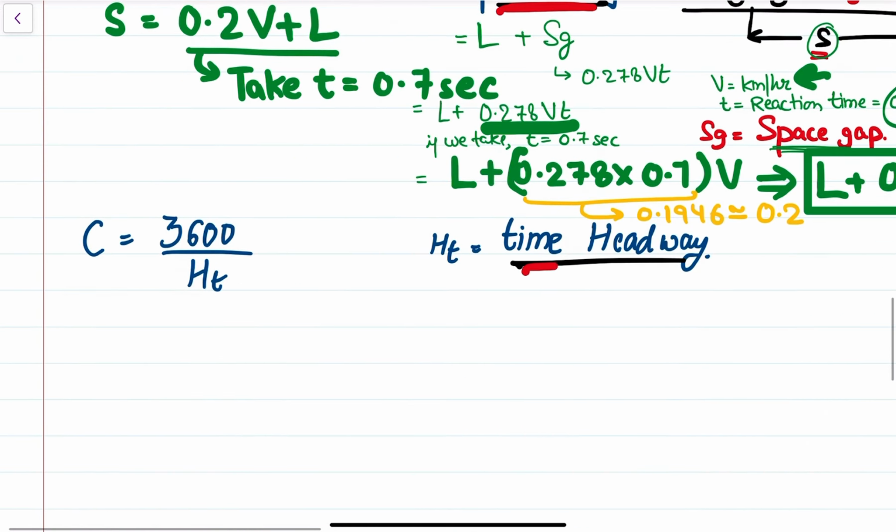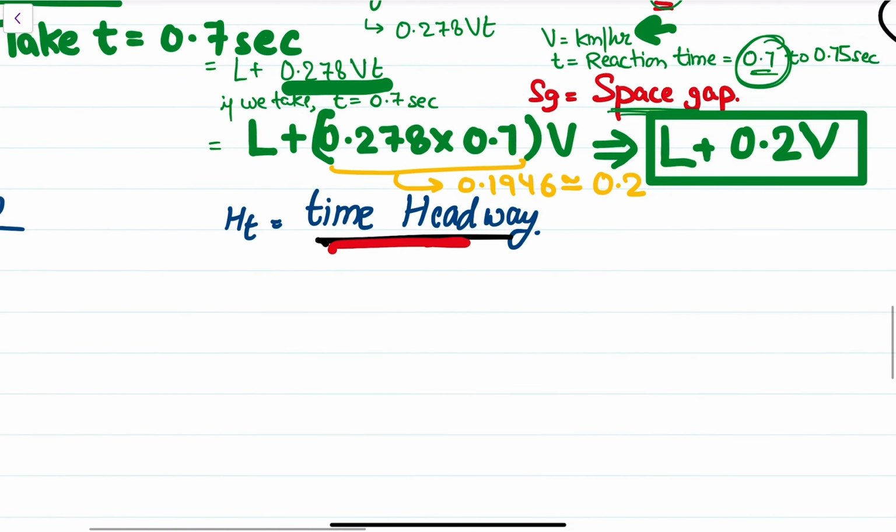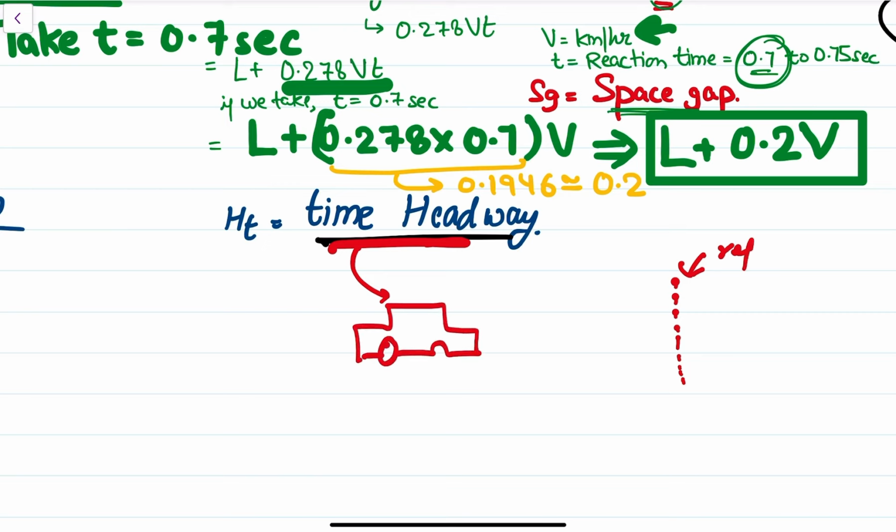In terms of time headway, let's say this is your reference point, and a number of vehicles are crossing this reference point. Time headway is defined as the time taken by successive vehicles to cross the reference point.